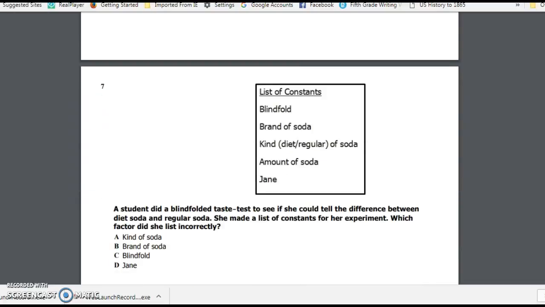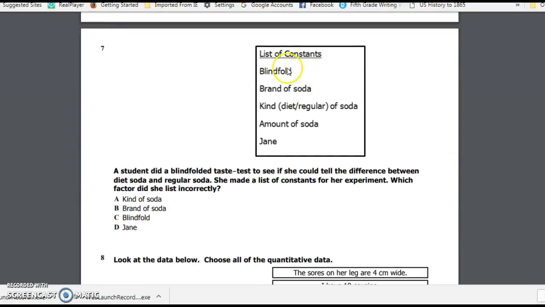Number 7, we have a list of constants. Blindfold, brand of soda, kind, diet, regular of soda, amount of soda, and Jane. A student did a blindfold taste test to see if she could tell the difference between diet soda and regular soda. She made a list of constants for her experiment.